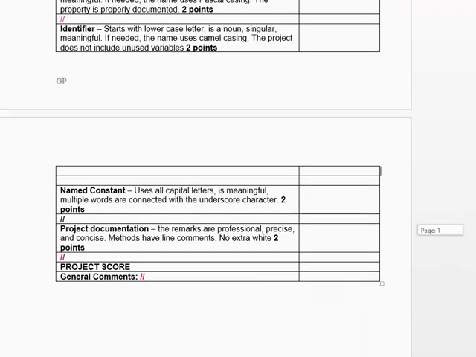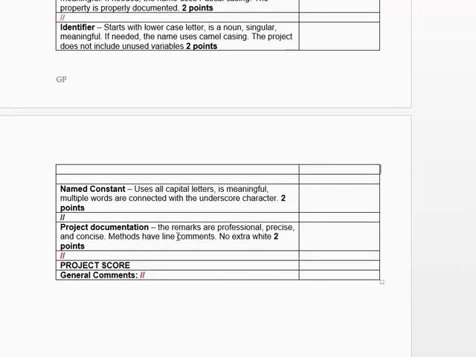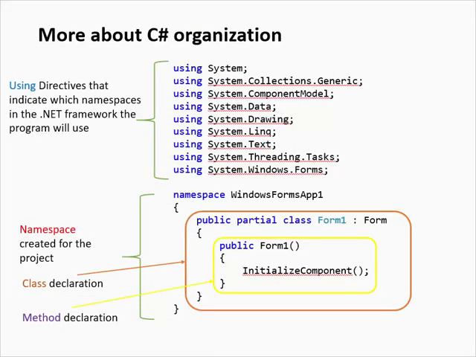And name constants, we're not there yet. We'll get there. And then finally, do you put comments in your code, which we'll talk about. If you are required to put comments in the code, it helps somebody else who's looking at it know what you did. So I need to double check that the identifiers are going to be camel casing for this class.